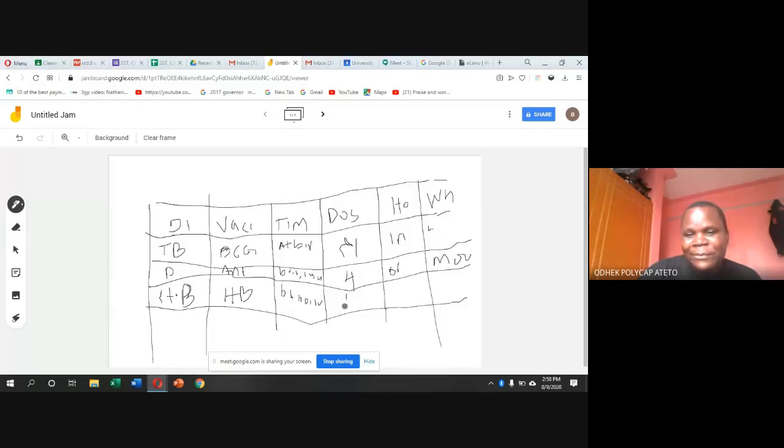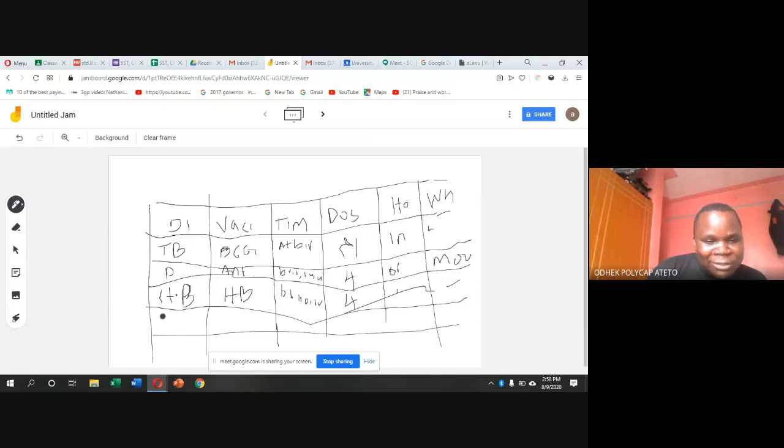Doses 4, although it is given more than that. How: injection. Where? I think it's given in the mouth. I don't know where it's being given. That one we don't have. I think that's why they did not include it in the old one. But you can do research: where is HB being given?